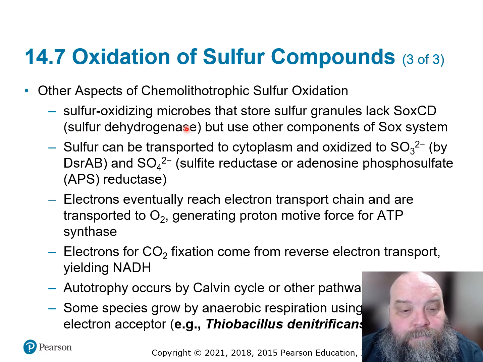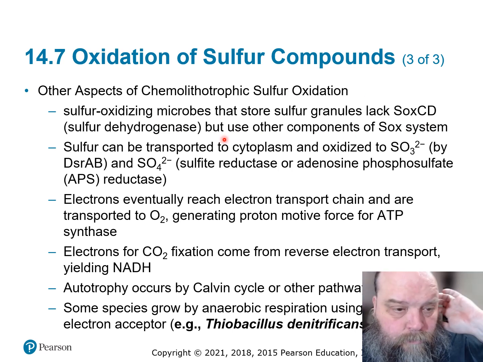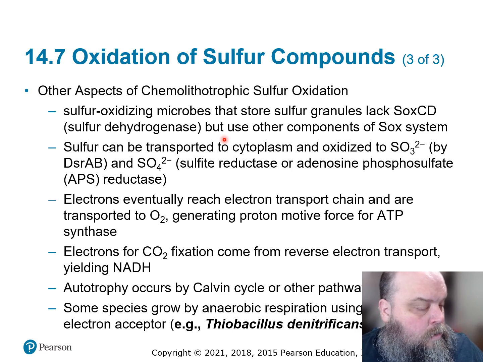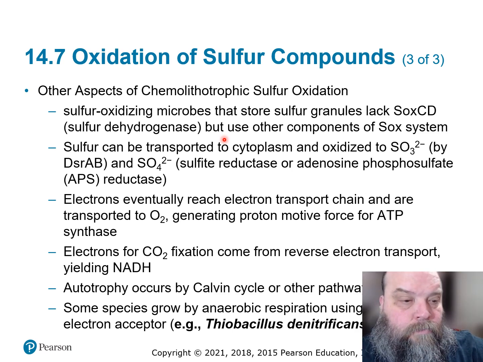As I said, you will find that many of these prokaryotes will store sulfur. They can't get rid of it, or they can only take its oxidation to a certain point, and then it stalls.